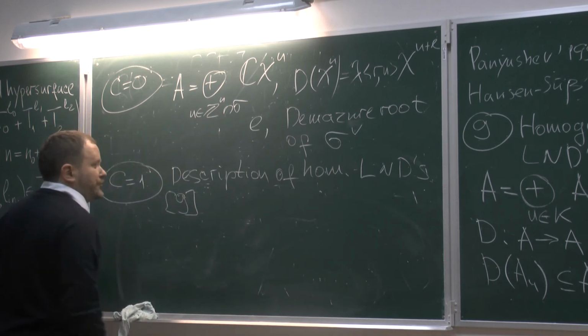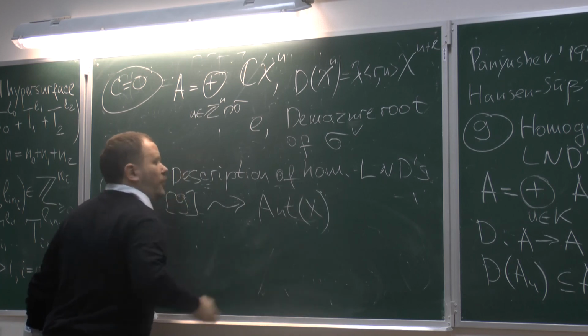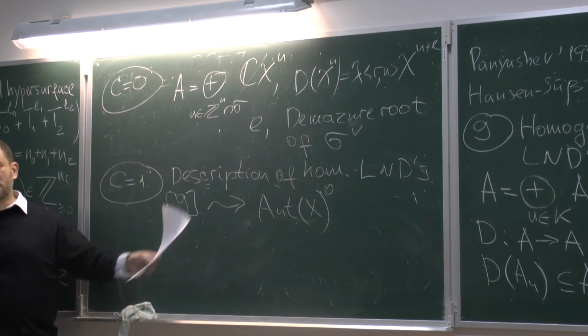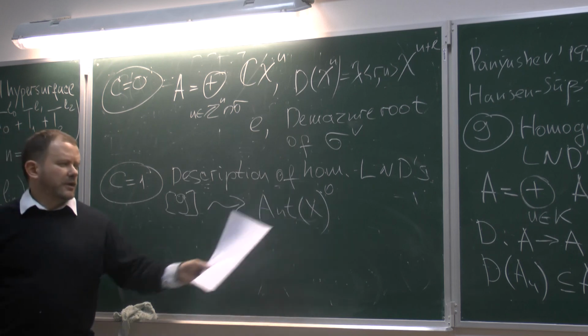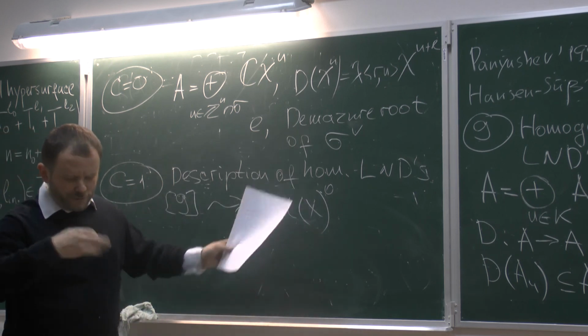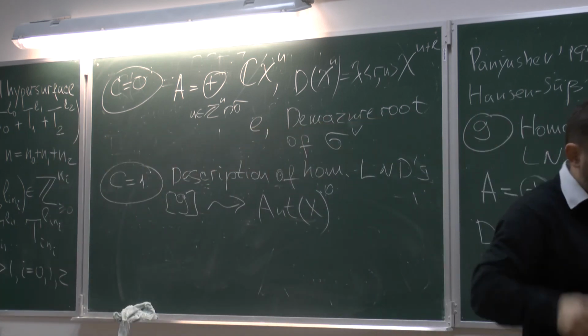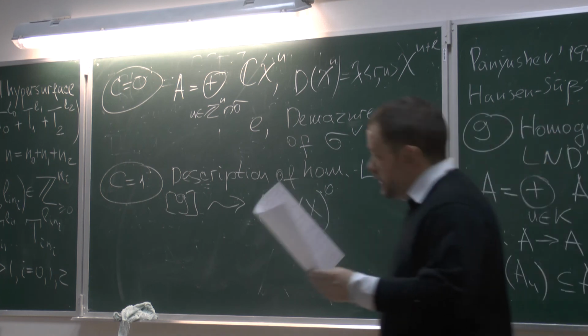Because it allows us to describe the connected component of the automorphism groups of complete rational varieties with a T-action of complexity 1. So one can describe not all components, but the component of unity generated by the acting torus and such root subgroups. And root subgroups correspond to homogeneous LNDs.